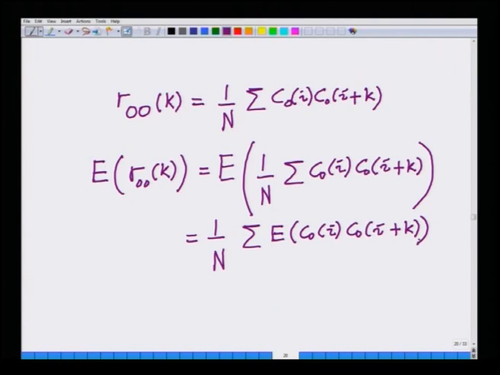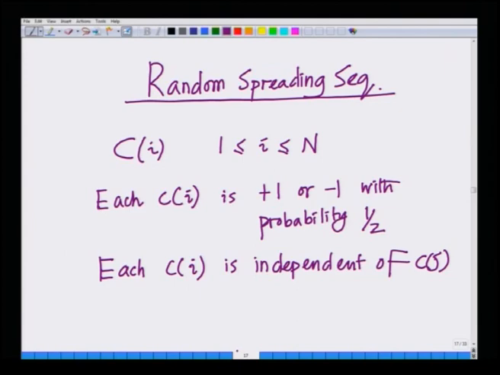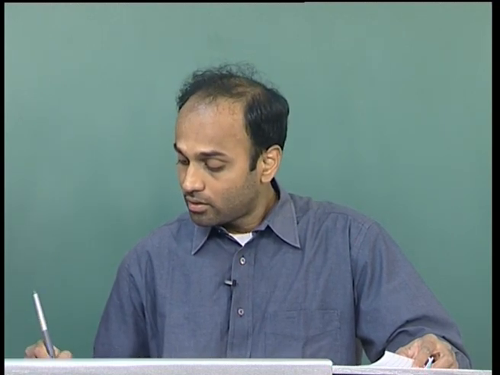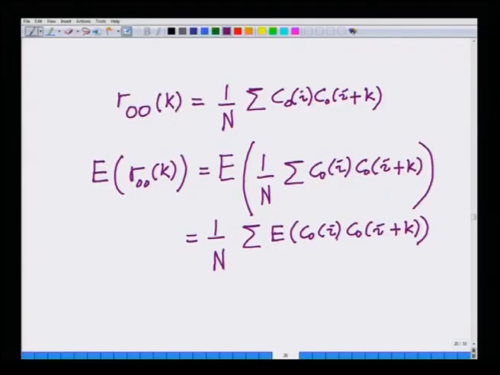Now, I will use a property that I have assumed before, that each chip Ci is independent of another chip Cj. Hence C0i is independent of C0i plus k, which means if there are two independent random variables x and y, expected of x times y is simply expected x times expected y.